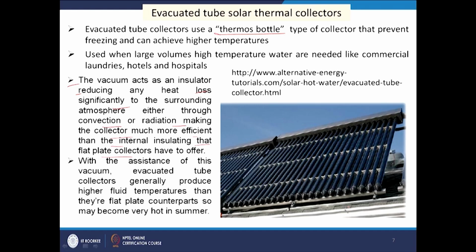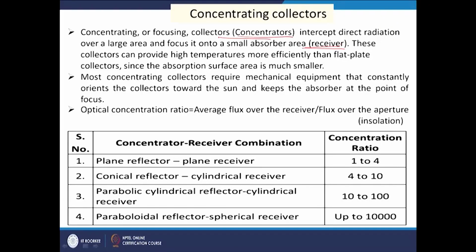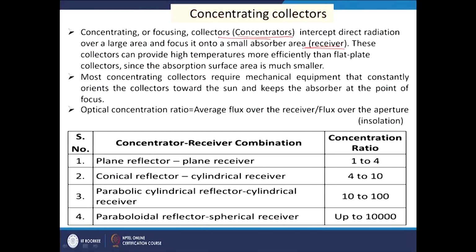So the concentration of radiation will be higher at the receiver. Here we have two things, one is the concentrator and another is the receiver. The concentrators are collectors that initially collect the sun rays and then focus these rays to a focal point, that is the receiver.